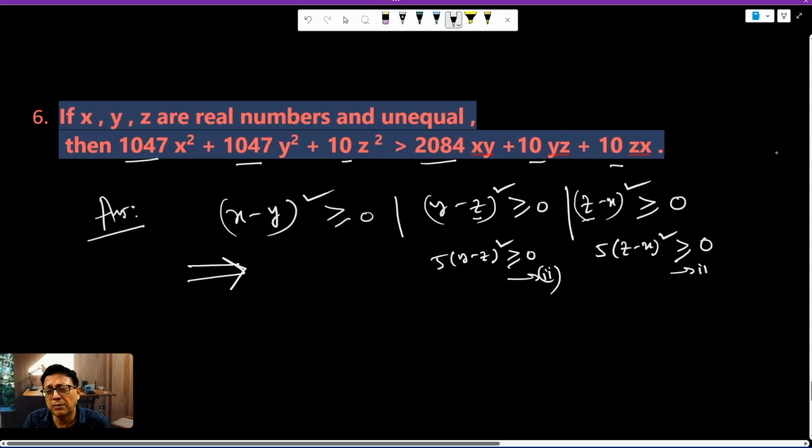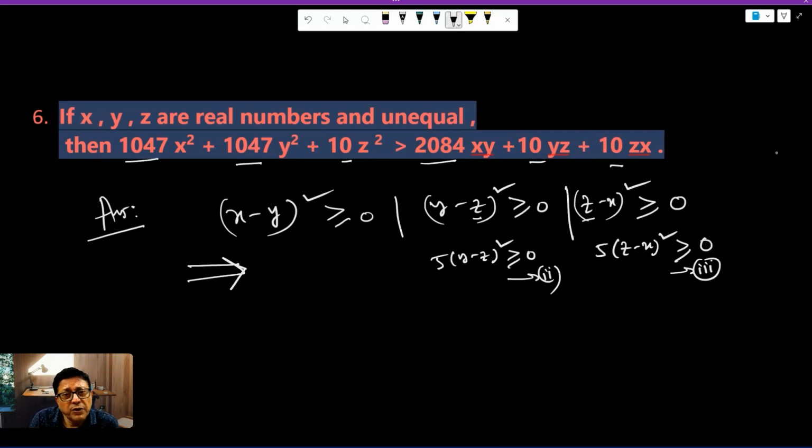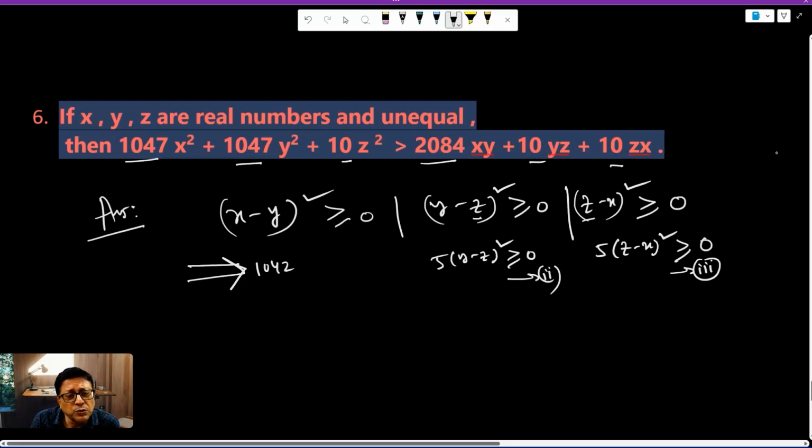Number 2, number 3. And this one, I have to get 5y square from here, and 1047, so I multiply this by 1042.